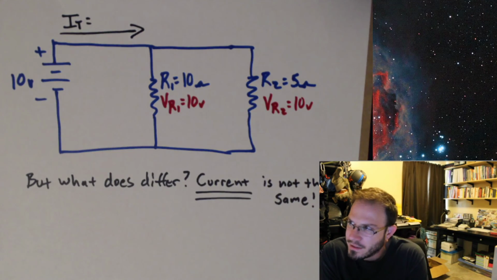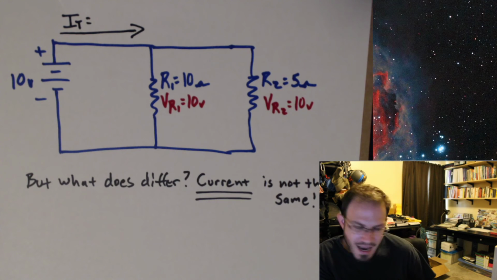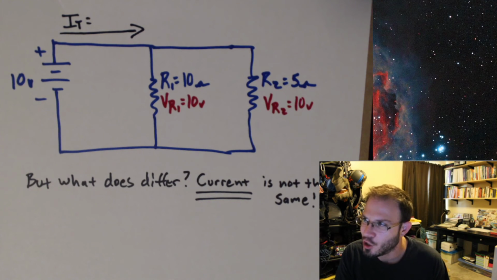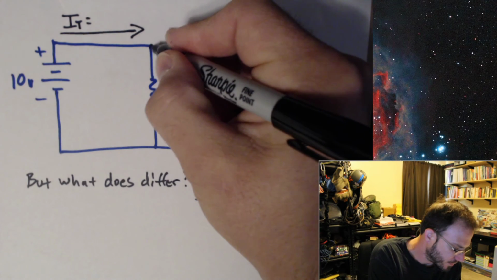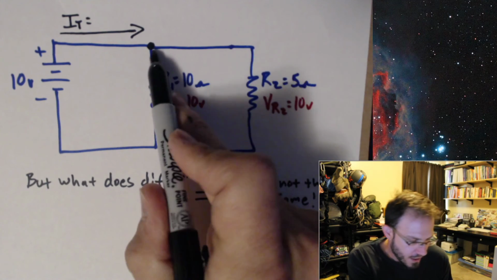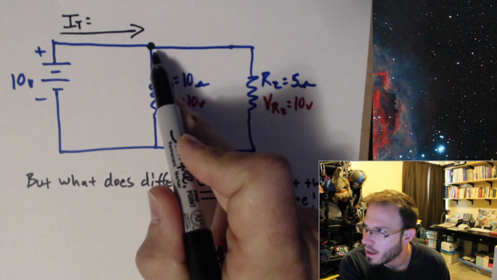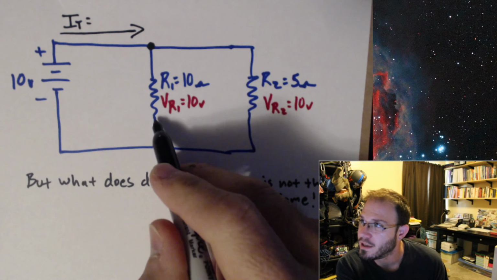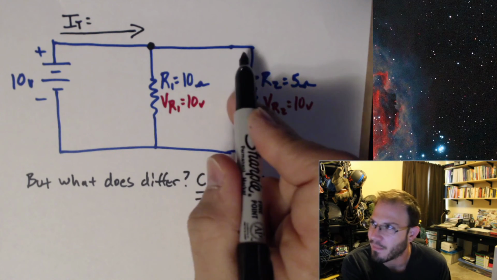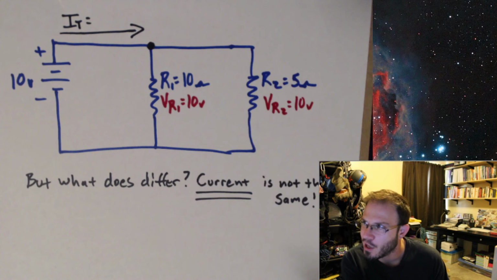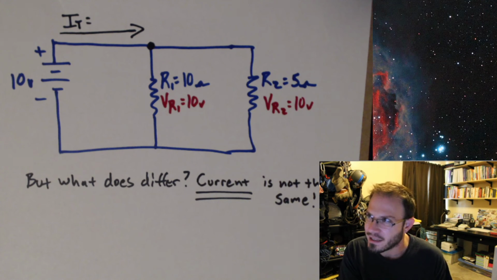So that's the current leaving the voltage source. Now, the current has a choice. Think of this as your fork in the road. I can have my current go this way, and I can have my current go this way. In other words, the current will split.